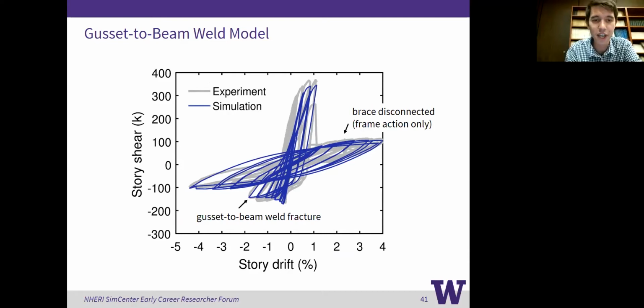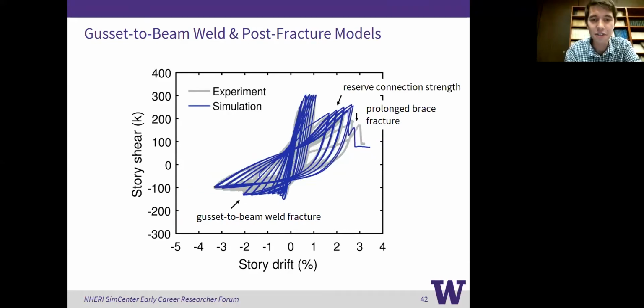Everything you see after the gusset to beam weld fracture is frame action. This is a case where we have some reserved connection strength, where you're still developing load in the brace, and eventually, because of the large compressive deformations that the brace is still seeing, you're able to fracture the brace even analytically.